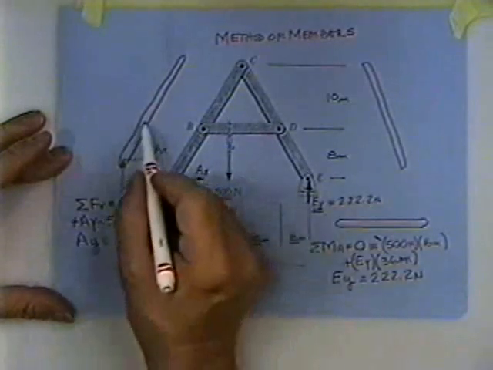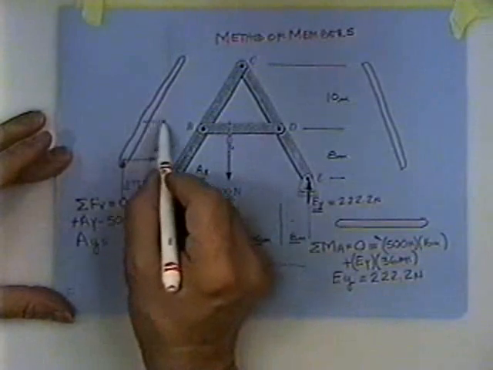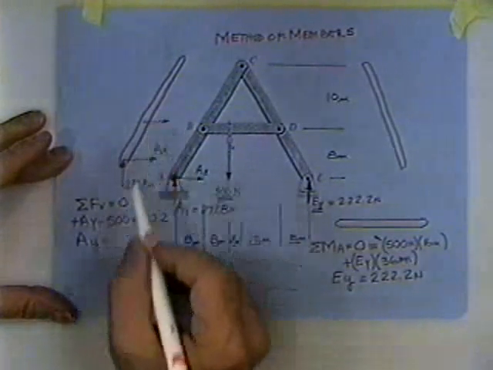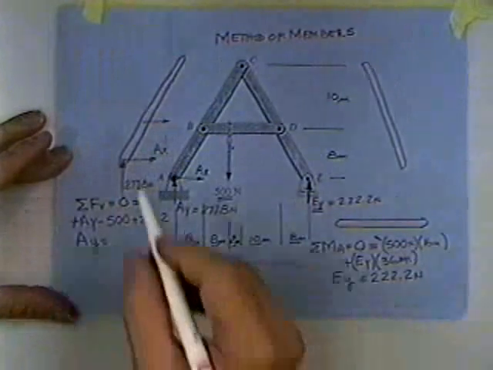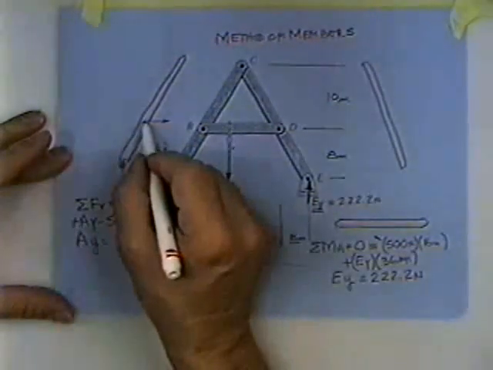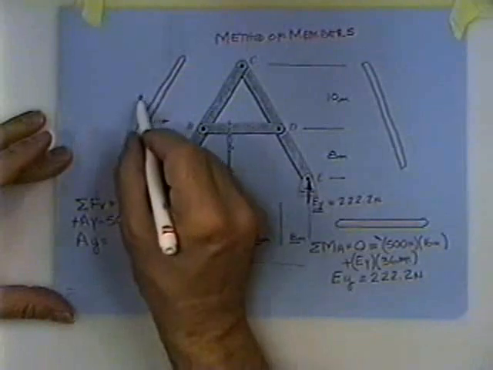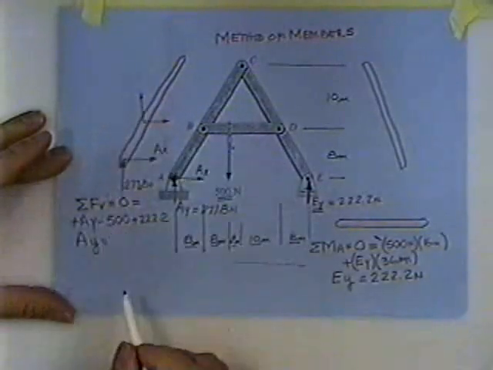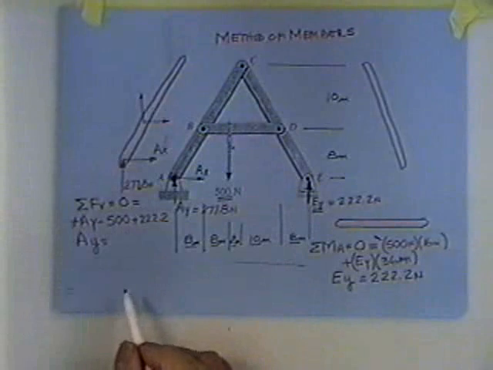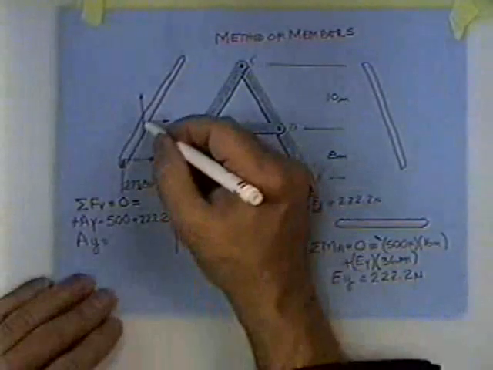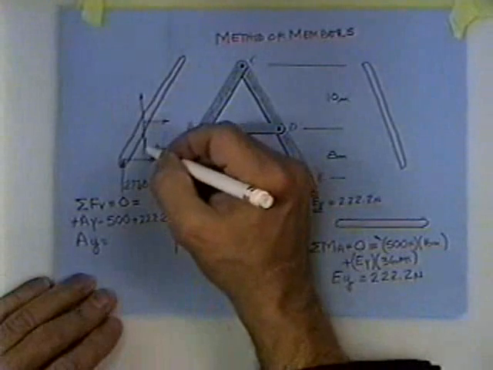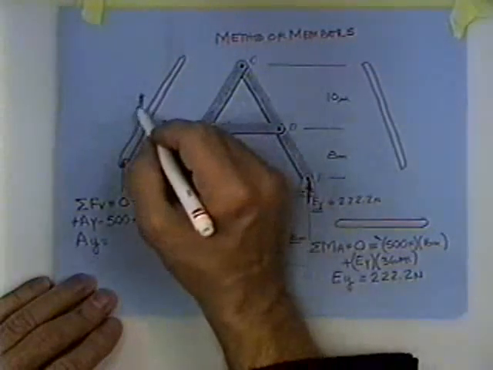At joint B, it's a pin. Pins have the ability to do horizontal and vertical forces both. So I'm going to show you a horizontal and a vertical force pulling on point B. And I tell you what I'm going to do, since I kind of committed on my notes, I already drew them on another picture.